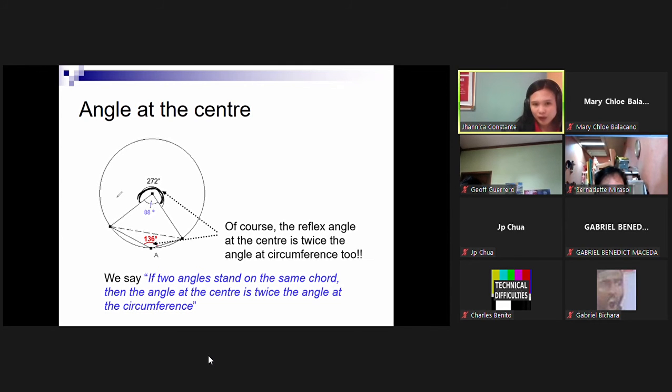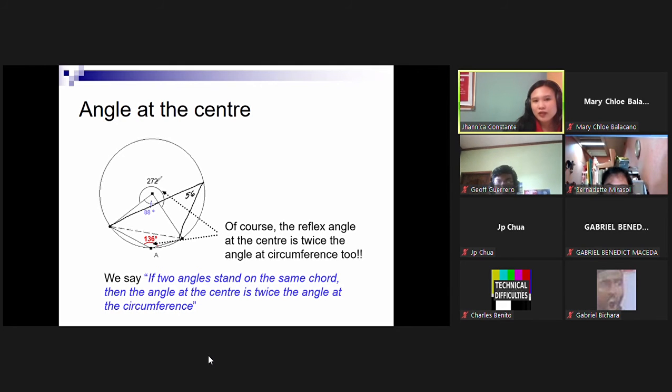For example, if we have an angle that has a measurement of 56.